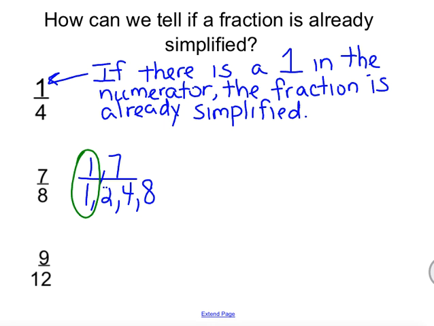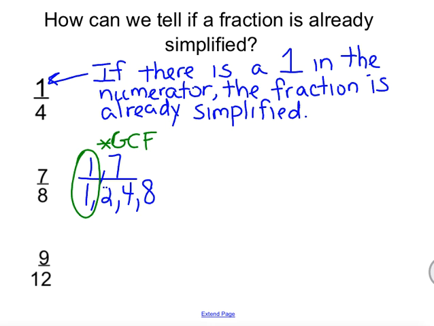That's it. So that makes that the GCF. The GCF is 1. Now, the rule is that once you find the GCF, you divide by it.